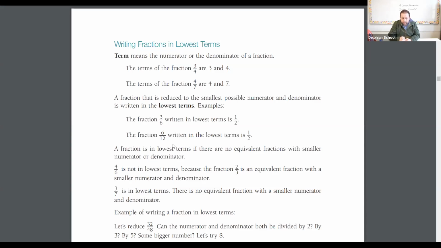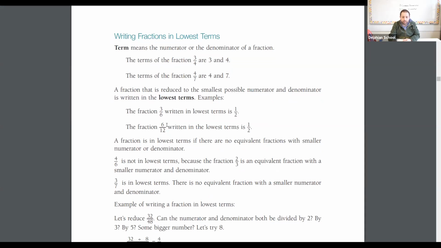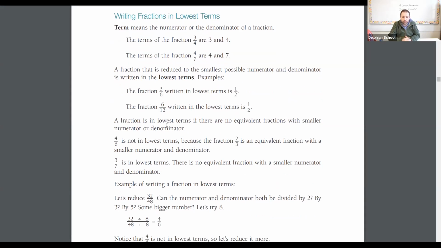All we're talking about in lowest terms is taking the fraction and writing it with the smallest numerator and denominator that we can. The fraction 3/6 written in lowest terms is 1/2. The fraction 6/12 written in lowest terms is also 1/2.